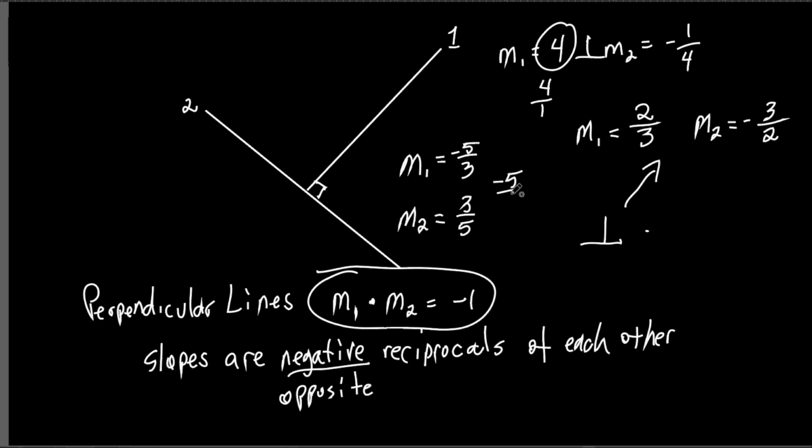What's negative 5/3 times 3/5? Well, you could go negative 15 over 15, but what's an easier way to multiply those together? That 5 does what to this 5? Cancels out. What does that 3 do to this 3? Cancels out. Now, a lot of teachers say cancel out, that's perfectly fine. I got no problem with teachers saying cancel out. I say it a lot too, but really they're dividing each other. What's 5 over 5? It's 1. What's 3 over 3?